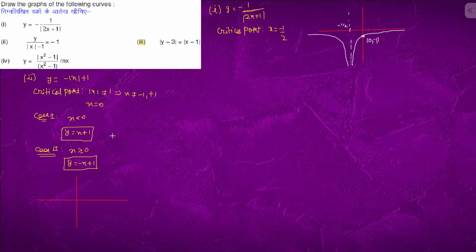The critical point is 0. When x is bigger than or equals to 0, it is y equals to minus x plus 1. So when x is 0, it is 1. When x is 1, it is 0. So this curve is going somewhere like this.